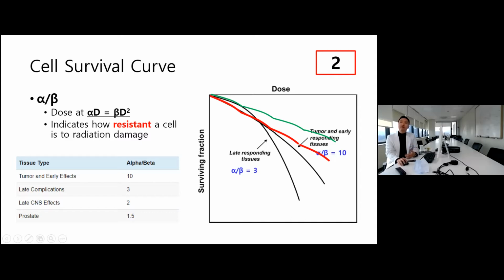However, when you give a fractionated dose, these normal late responding tissues can be preserved. So fractionation of the delivery of radiation is actually to reduce, the most important part is to reduce the toxicity to the normal tissue.